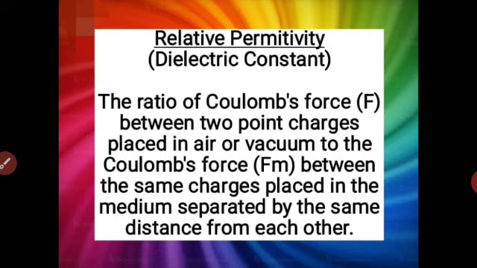So this dielectric constant, which is also denoted by capital K, is nothing but the ratio of F upon Fm. It is the force between two charges in air upon the force between the same two charges at the same distance placed in some medium. Thus epsilon r is equal to F upon Fm. Because it is the ratio of two similar quantities, it has no units. That is, dielectric constant is simply a number without any unit.